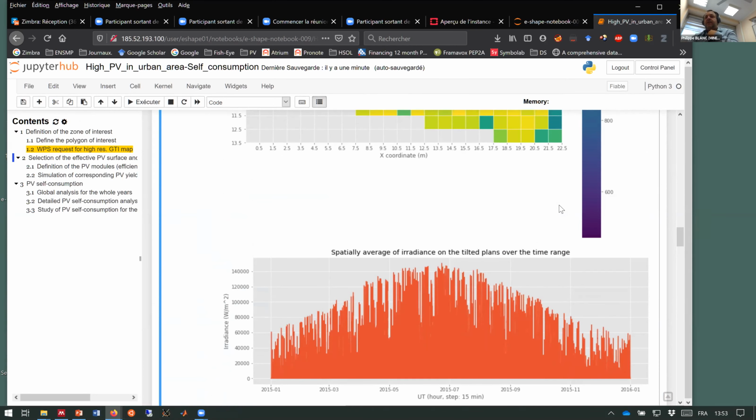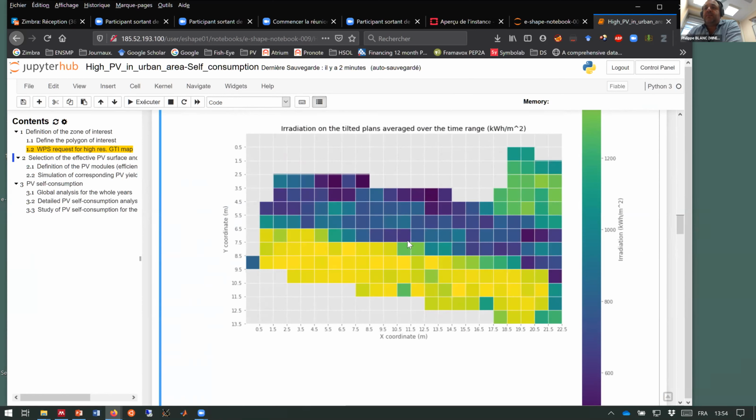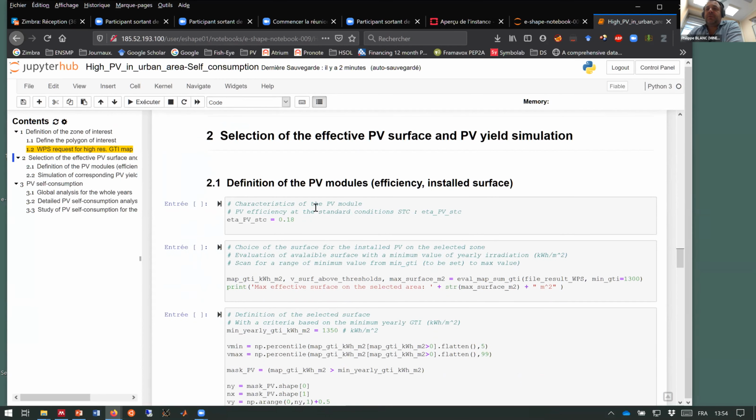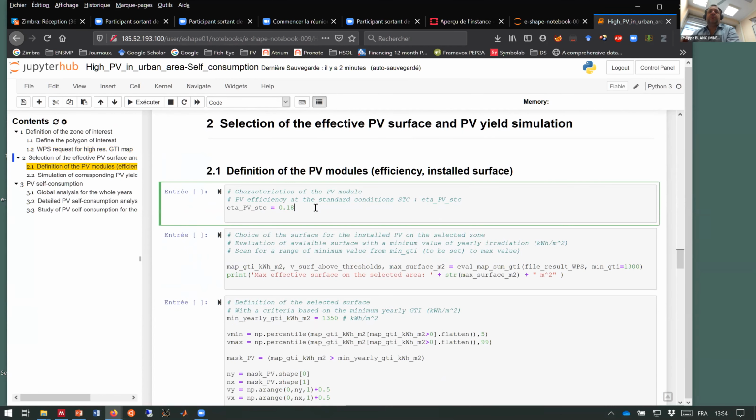Then I want to do a simulation of the PV rooftop. Of course, it is rational to think that I don't want to install my PV system in places where, in the square meter, the amount of energy is not enough to be financially plausible. So I have something to do for that. First, I want to select a type of PV efficiency.